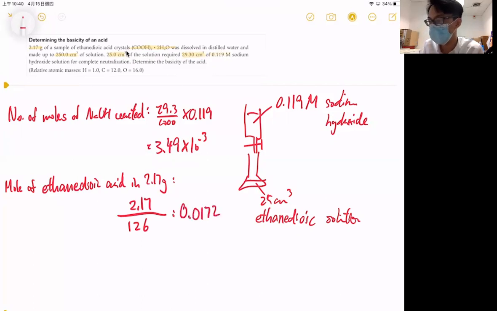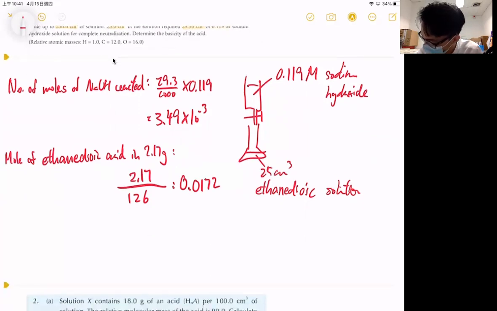0.0172 moles. So it means that in 2.17 grams of ethanedioic acid, we'll have 0.0172 mole. Also, in 250 cm cube, we will also have 0.0172 moles of ethanedioic acid. And afterwards, we withdraw 25 cm cube of this solution. So how many moles of ethanedioic acid inside 25 cm cube?